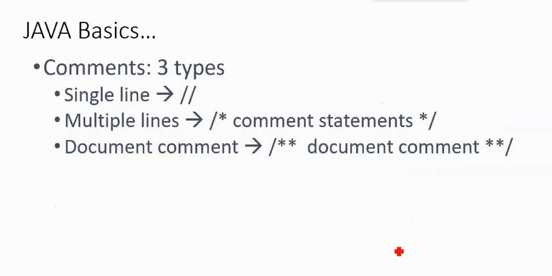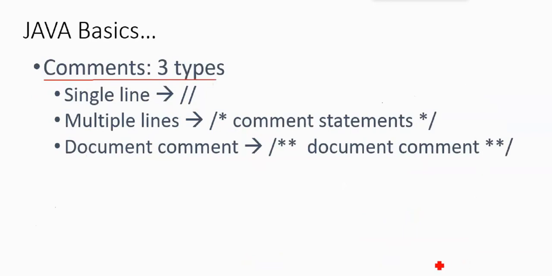So now we move on to some basic things: comment lines. Java supports three types of comment lines, whereas C++ supports two types. One is called a single line comment. The other one is called the multi-line comment.